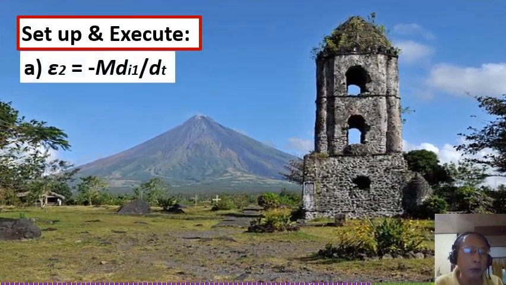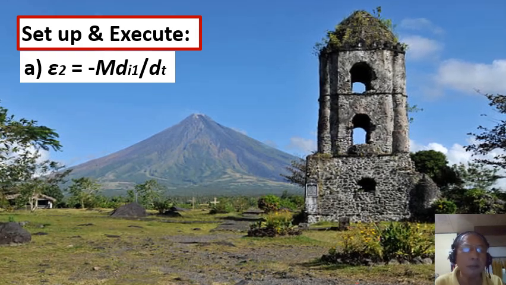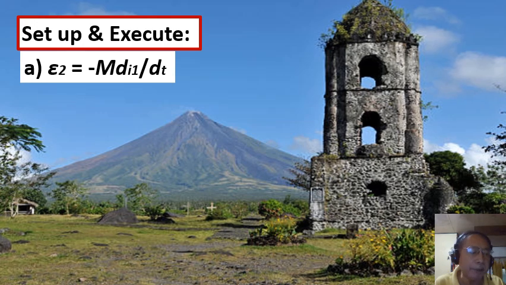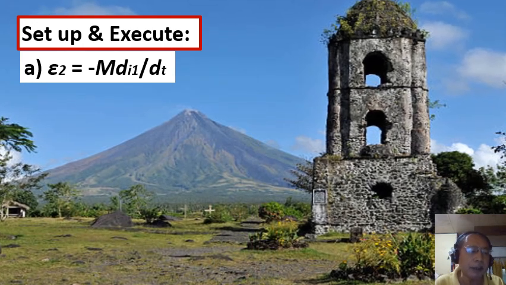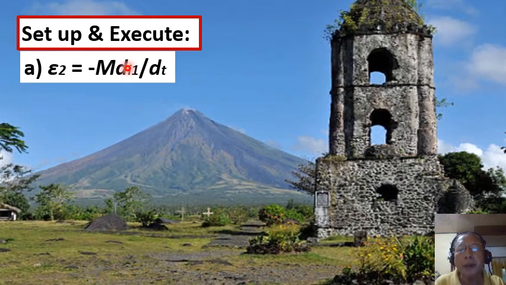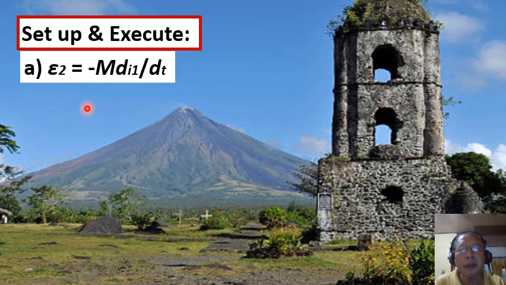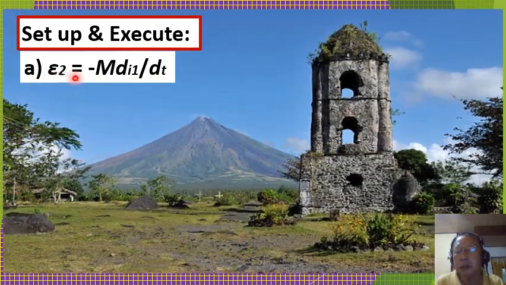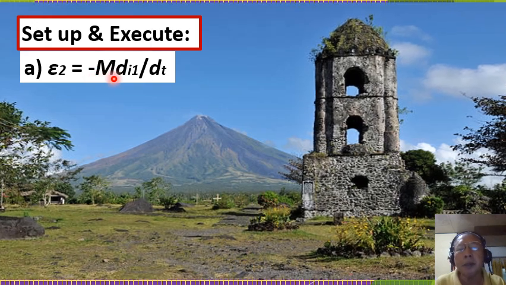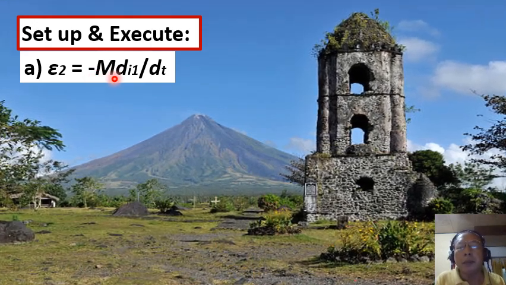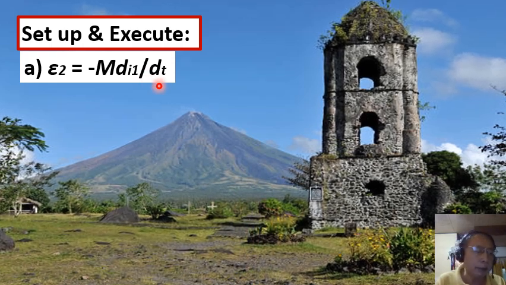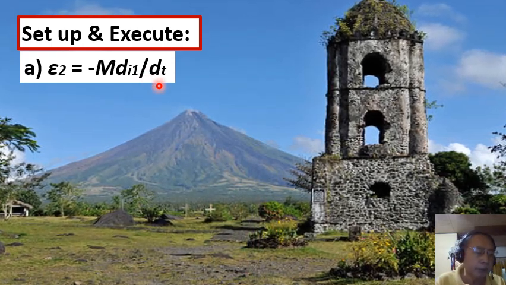So moving on now to our computations. For question letter A, finding the mutual inductance, capital M, is based on this equation. Epsilon is equal to negative capital M multiplied by dI1/dt.